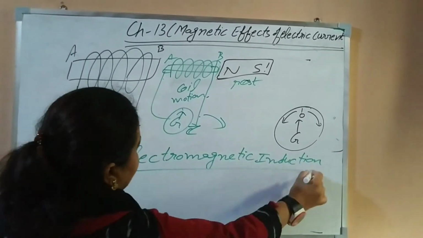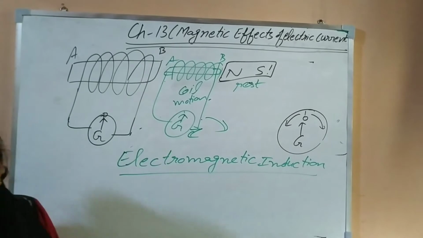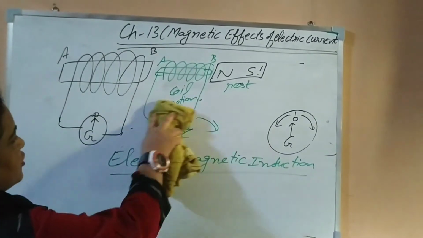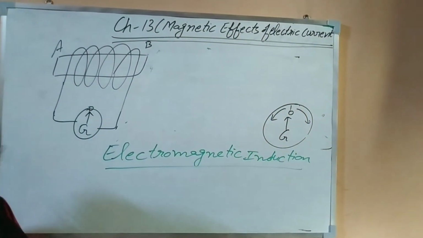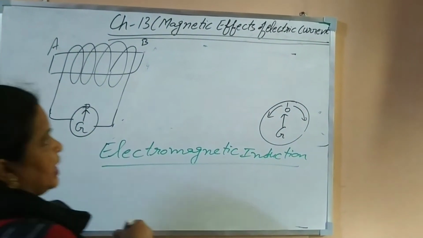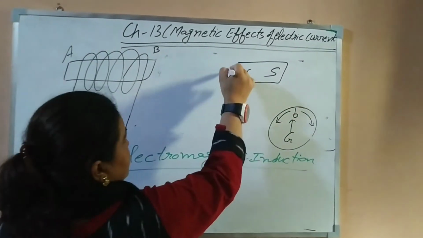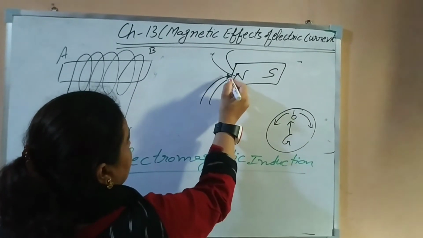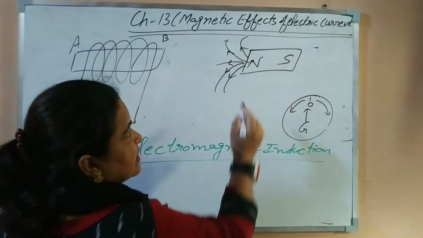He said that whenever we bring the coil near to the bar magnet, current is induced. Let's see this. You know that a bar magnet, with north and south pole, has magnetic field lines around it like this. North to south, magnetic field lines are there.